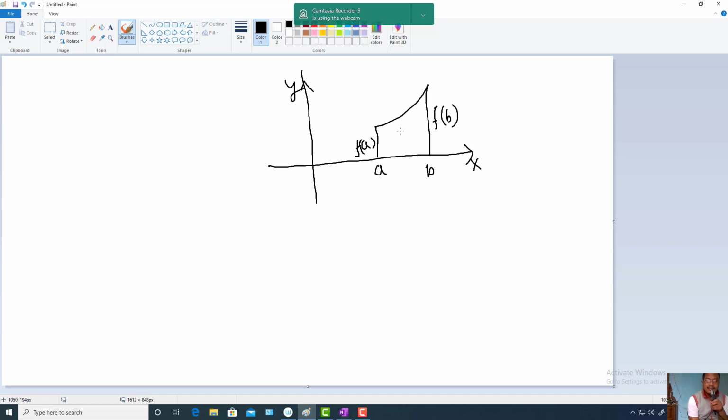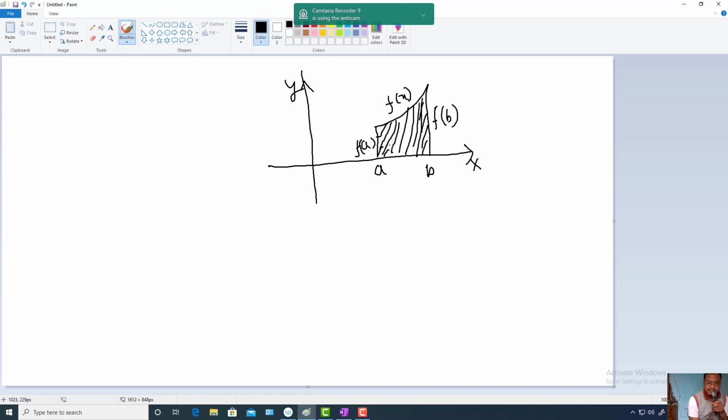And this is the graph of the function f of x, the height being the value of the function. Then what we have is this shaded region. This is the area of the shaded region.